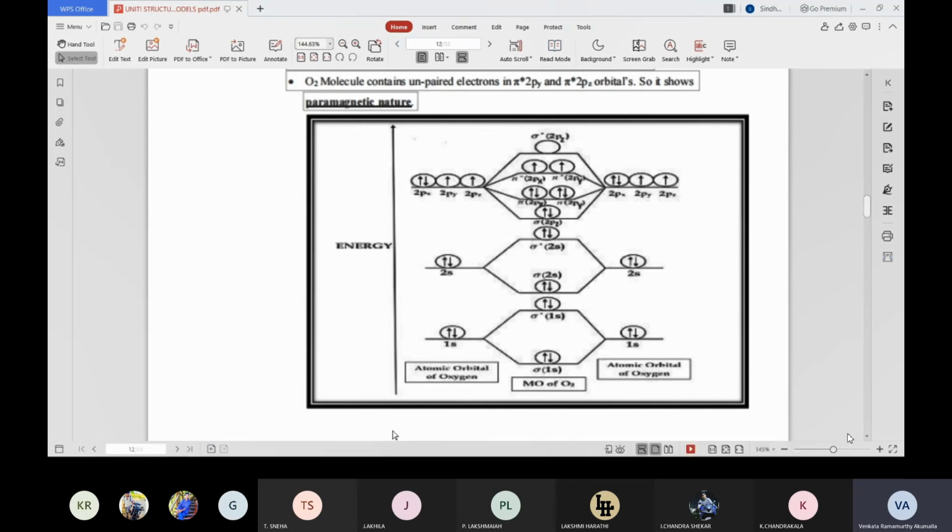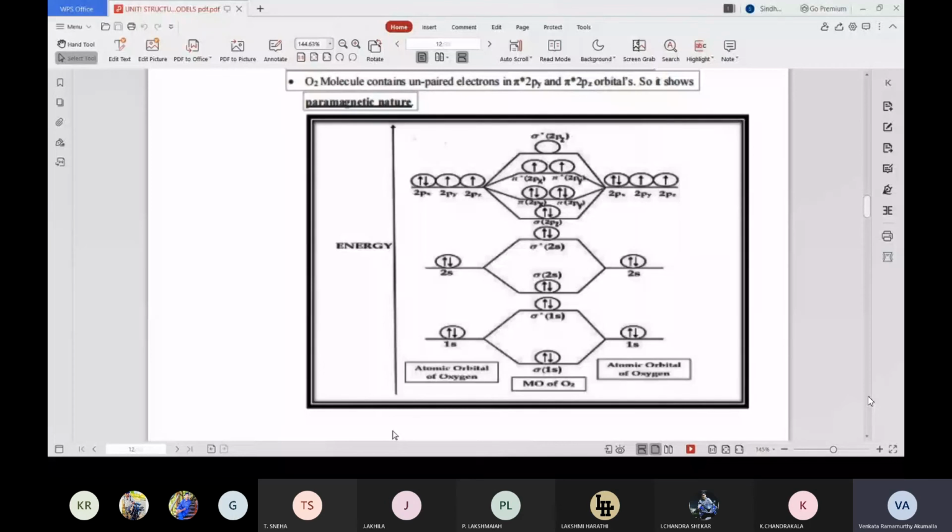So these 8 electrons go first to σ2pz, filled with 2 electrons, and then π2px with 2 electrons and π2py with 2 electrons. These orbitals are completely filled, and π*2px1 and π*2py1 hold the only unpaired electrons.